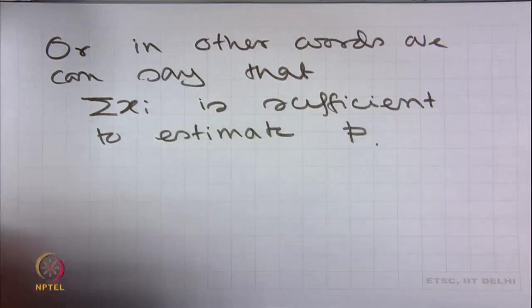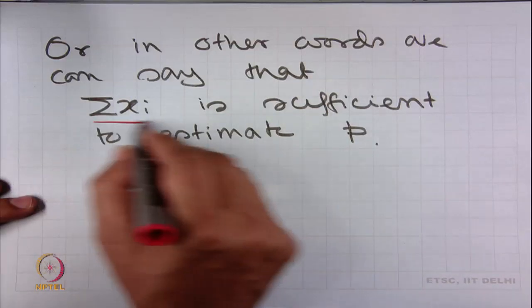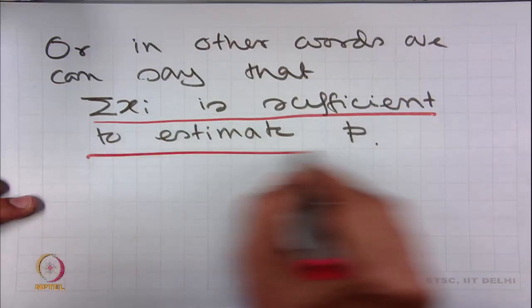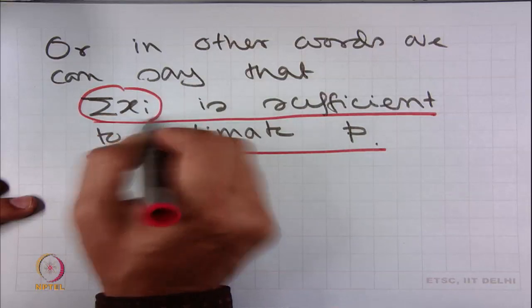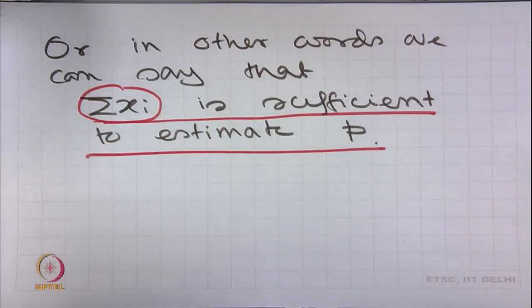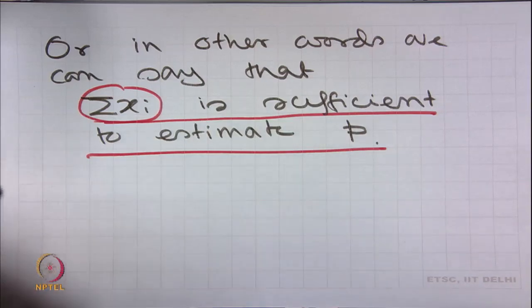We do not need any other information. If I get only sigma Xi, then that is good enough for us to estimate p. This is the basic idea of sufficiency.